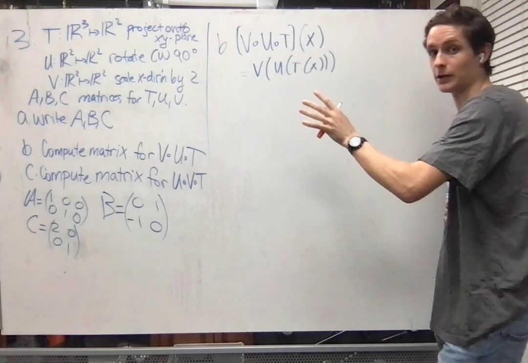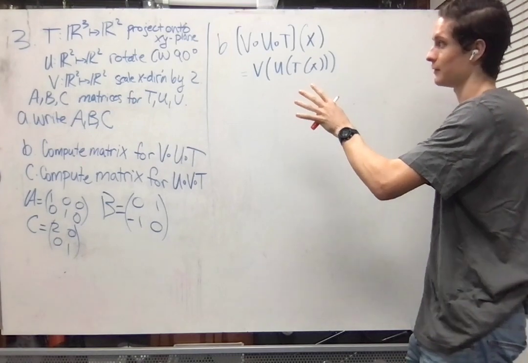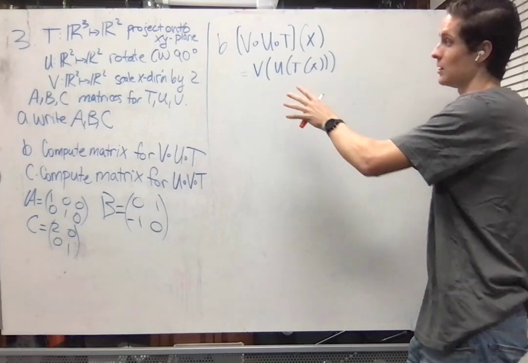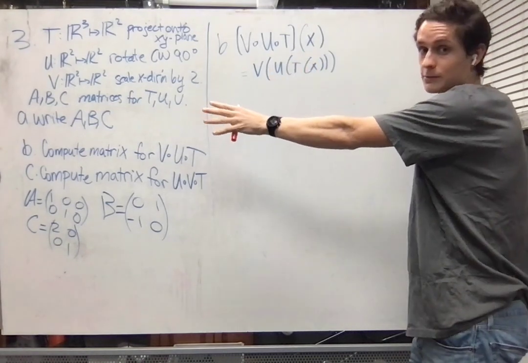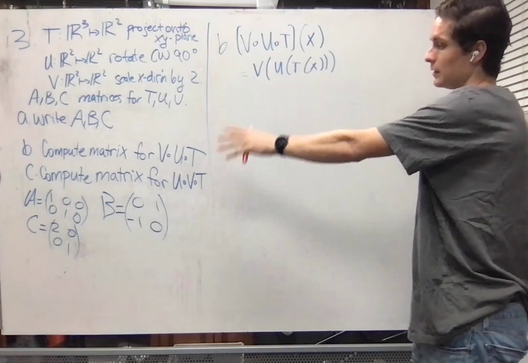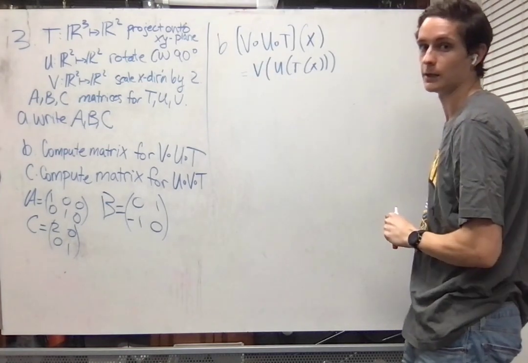In general, in linear algebra, when we have compositions of functions, we want to read them from right to left. And that's going to be important when we do the matrix multiplication way.